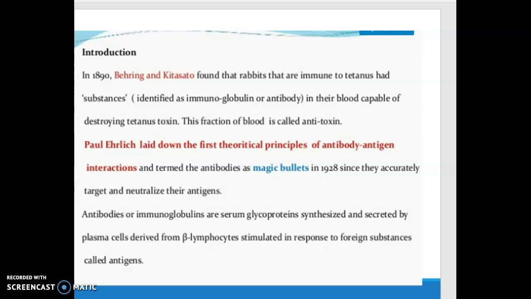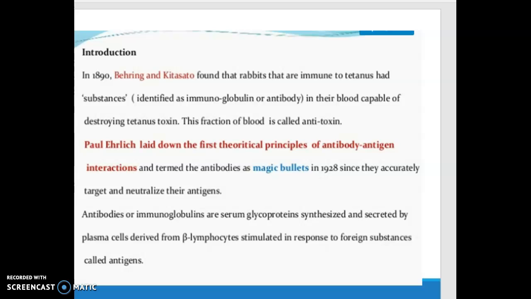On the other hand, monoclonal antibodies are monospecific antibodies. These antibodies are produced from a clone of a single lymphocyte directed against a single antigenic determinant, or epitope.